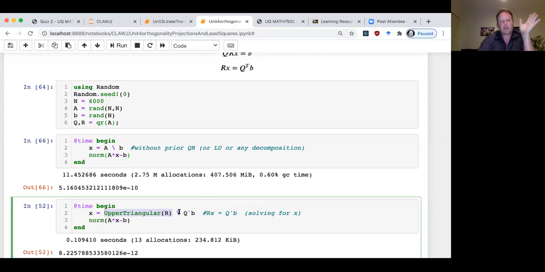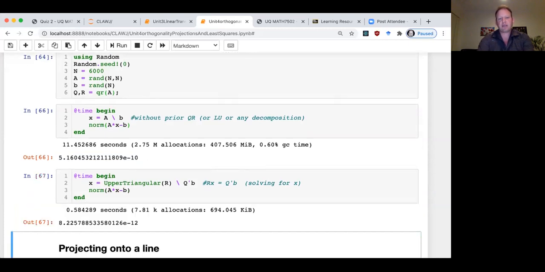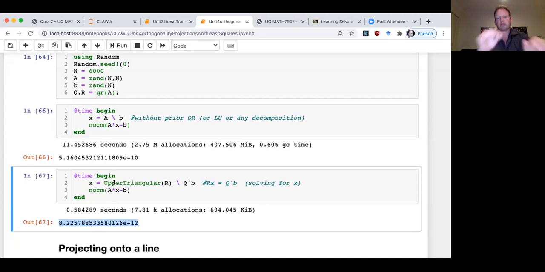So the smart backslash operator knows that if you take an upper triangular matrix, you don't need to do Gaussian elimination. You can just run back substitution. Remember, QR factorization has already been done for us. Time this: 0.6 seconds. And you get a solution, which again is the norm of AX equals B.